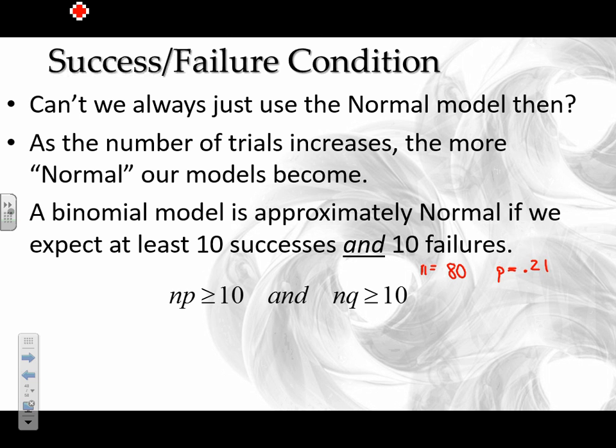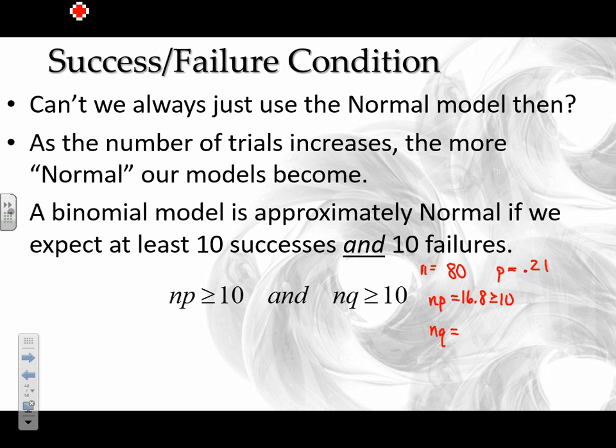So to check that, I would actually have to go in and check n times p. So if I check n times p, so 80 times 0.21, what do we get? 16.8. So is that greater than or equal to 10? Yeah. So we can expect more than 10 successes, which means now we can check nq.